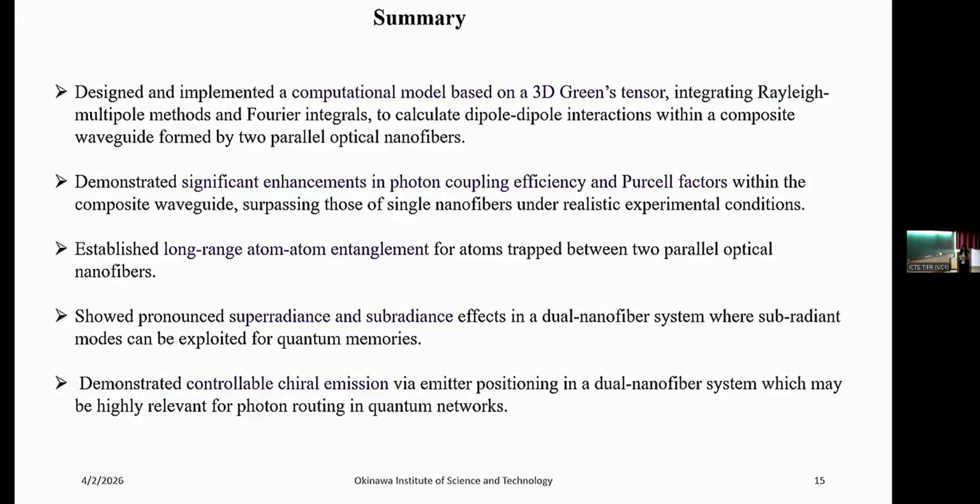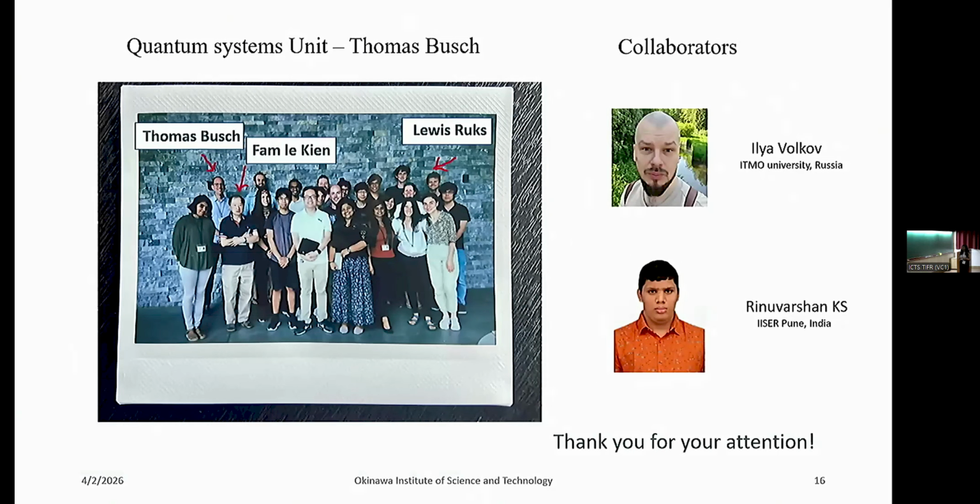I also showed pronounced superradiance and subradiance effects, where subradiant or long-lived states can be exploited for quantum memories. This also demonstrated controllable chiral emission via emitter positioning, which may be highly relevant for photon routing in quantum networks or quantum communication.